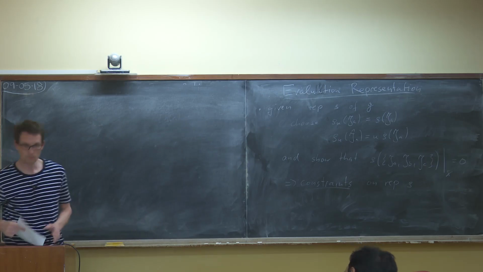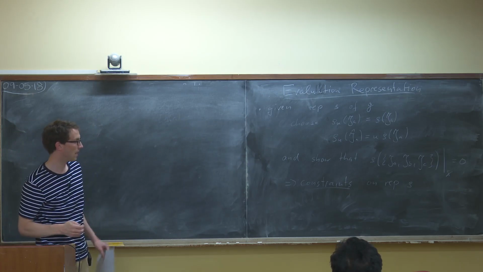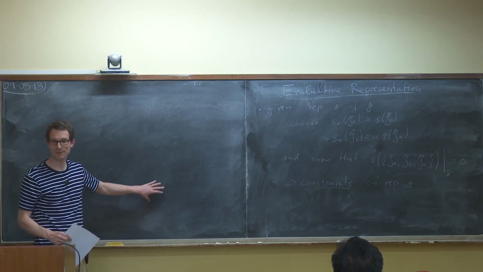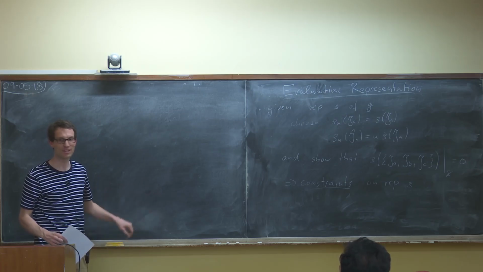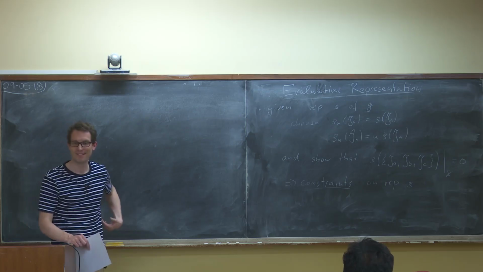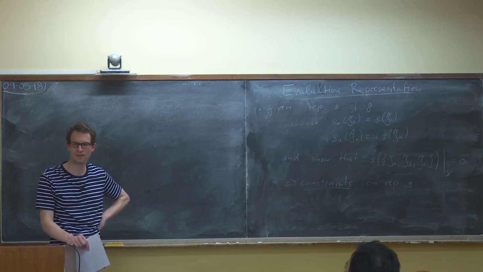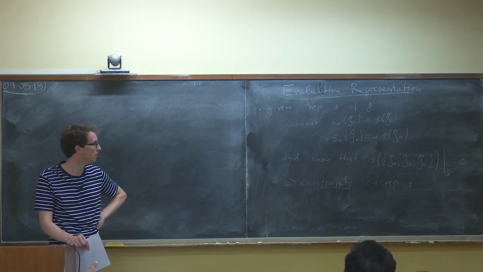Could you tell us what is the... It's, well, what I wrote here, for example, that you need that this projection vanishes. It's not easy to show. No, but that did not make any reference to the algebra representation.